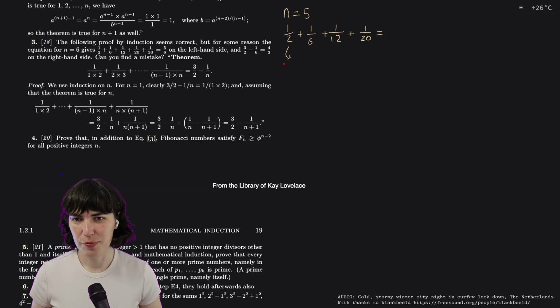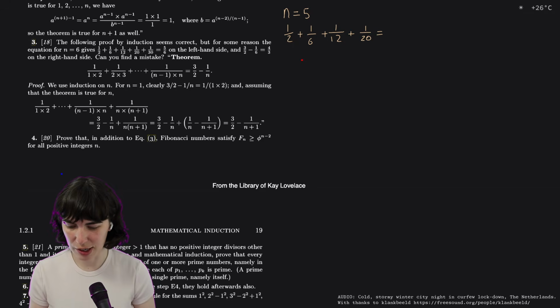This will become 10 over 20. This will become 6. Oh, it's annoying. Okay, whatever. I'll just try and calculate it. 1 over 2 plus 1 over 6. Should know how to do this, really.